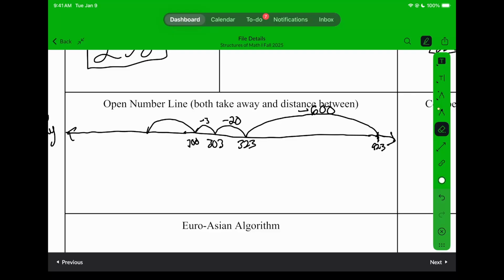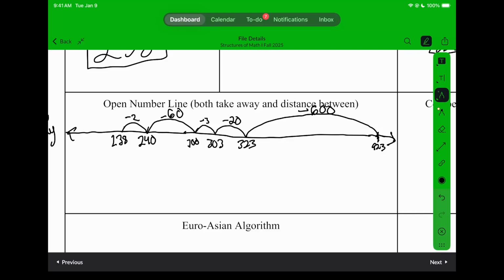How did I get 238 with that? That makes no sense. Huh? Okay, whatever. It'd be minus 60, which would get us to the 240. And then minus 2 is 238.